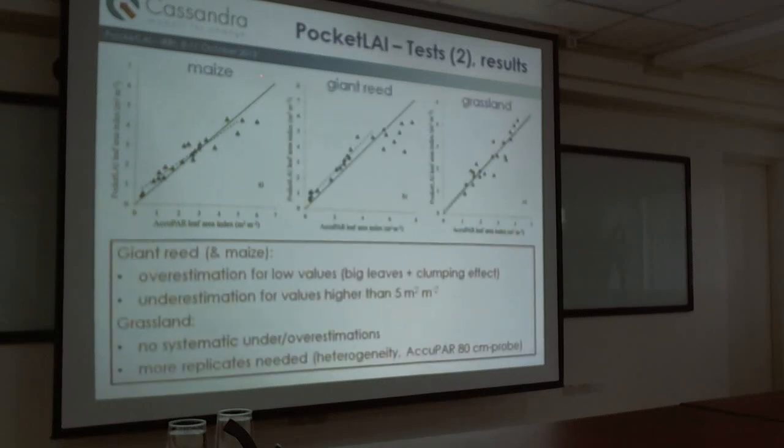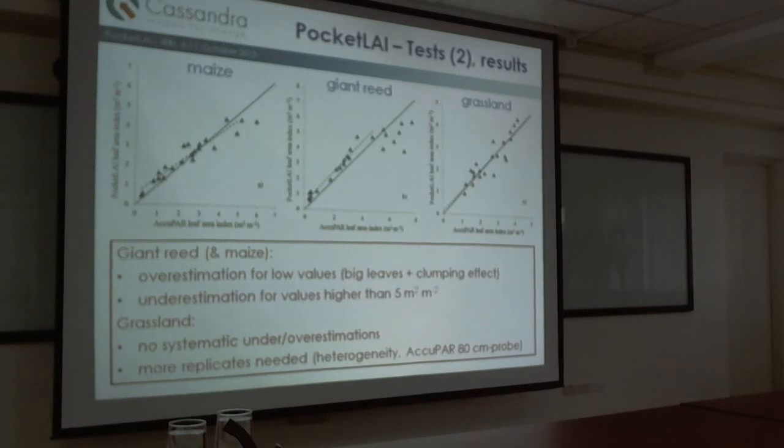So, for maize, the situation is not so bad. This is the ceptometer estimates, and these are the values provided by PocketLAI. You see that for giant reed, especially, but even for maize, to an extent, there is an overestimation for low values of leaf-area index. Overestimation by assuming the ceptometer as a reference. We know that it's not a reference, but we assume that in this case.